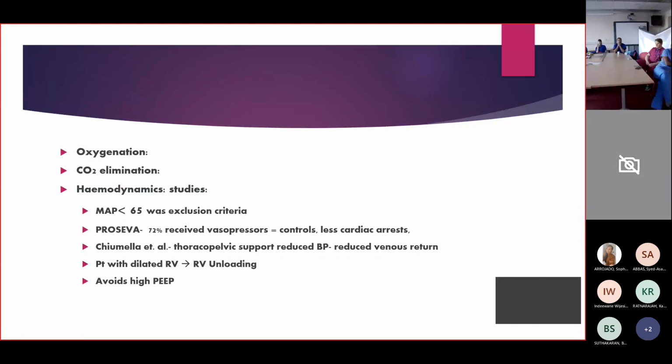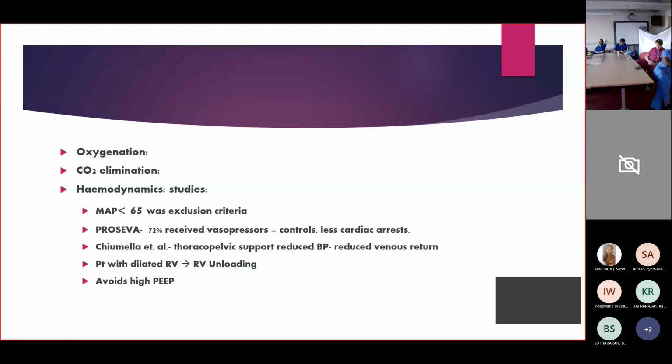One reason why this is taken as a criterion is that some studies have reported hemodynamic instability when the patient is prone. Some studies report a reduced venous return due to the thoracopelvic supports, which impair the venous return, leading to reduced stroke volume and increased heart rate.